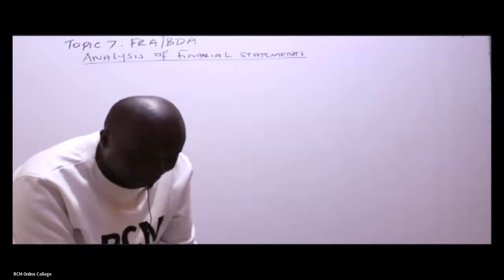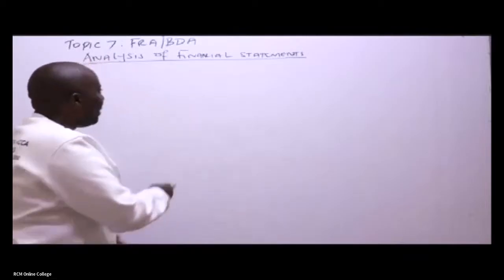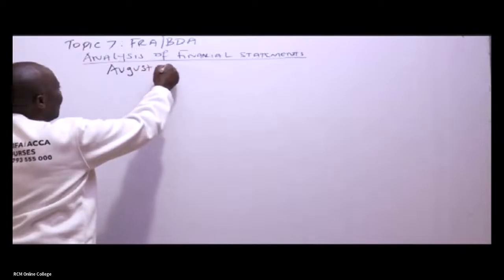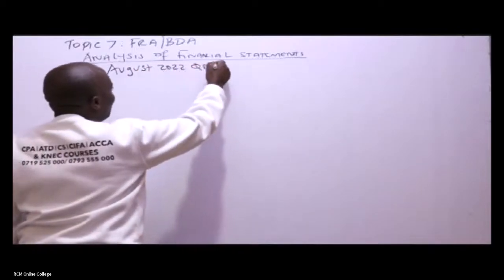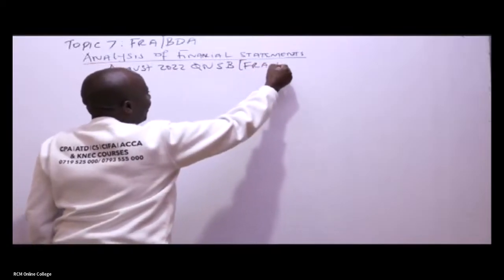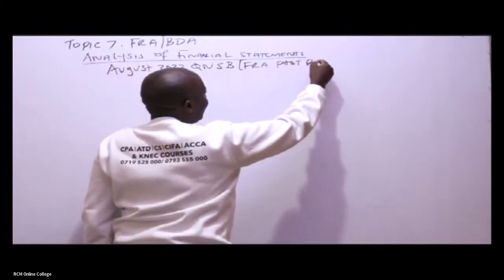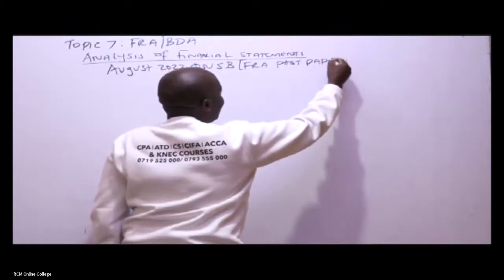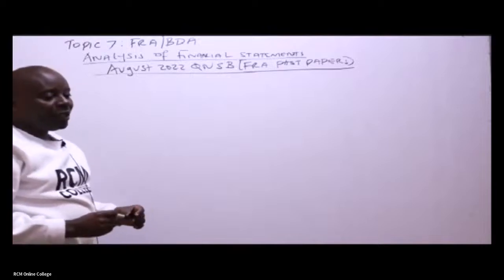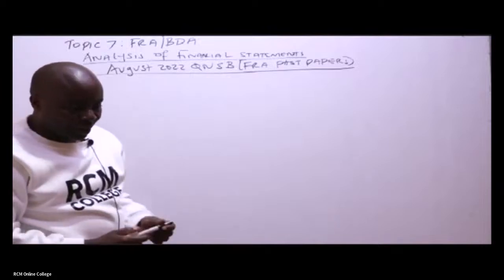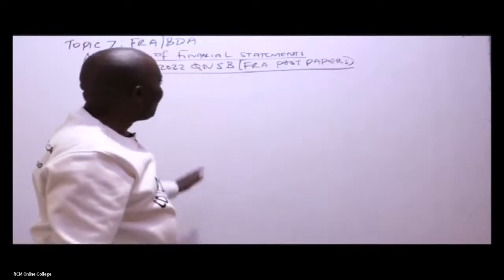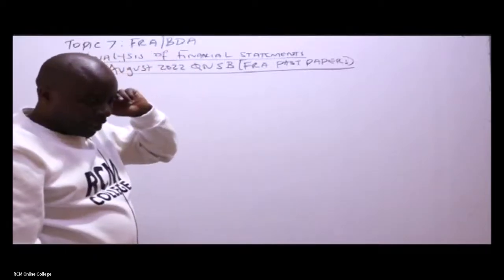It is August 2022, question number 5B from the FRA past papers. So as I do my introductions, by the time I'm reading this question, all the students should have access to this question. August 2022, question number 5B, FRA.